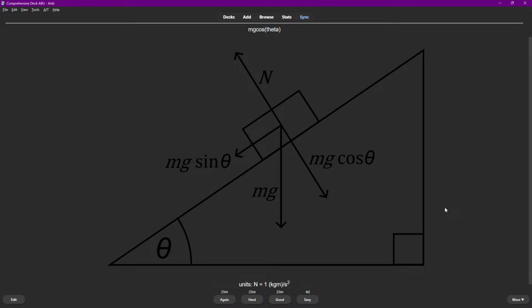So if we have the angle here, opposite, SOHCAHTOA, adjacent over hypotenuse. Okay.